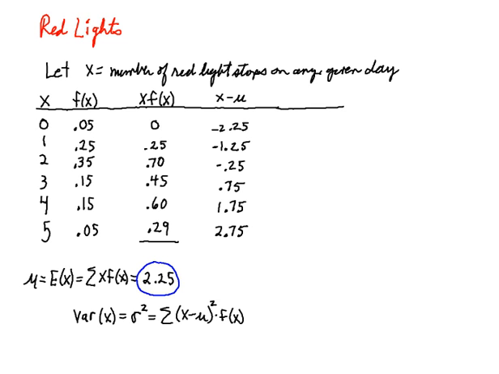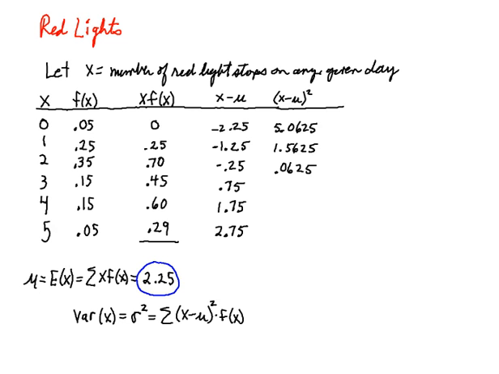Okay, next thing I need to do is to square these values. And I get 5.0625 when I square negative 2.25, so that's going to be a positive 5.0625. When I square a negative 1.25, I'm going to get 1.5625. Squaring a negative 0.25, I get 0.0625.